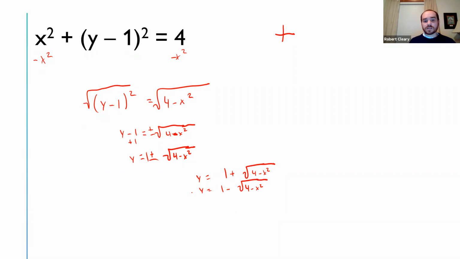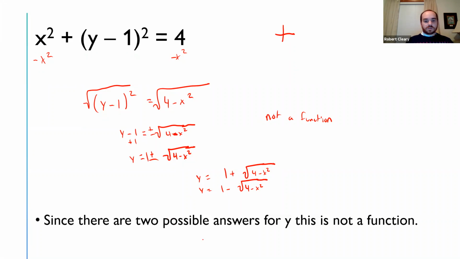These are two different answers, and if you have two different y values for the same x, that means you do not have a function. So this is not a function. Since there are two possible answers for this, y is not a function.